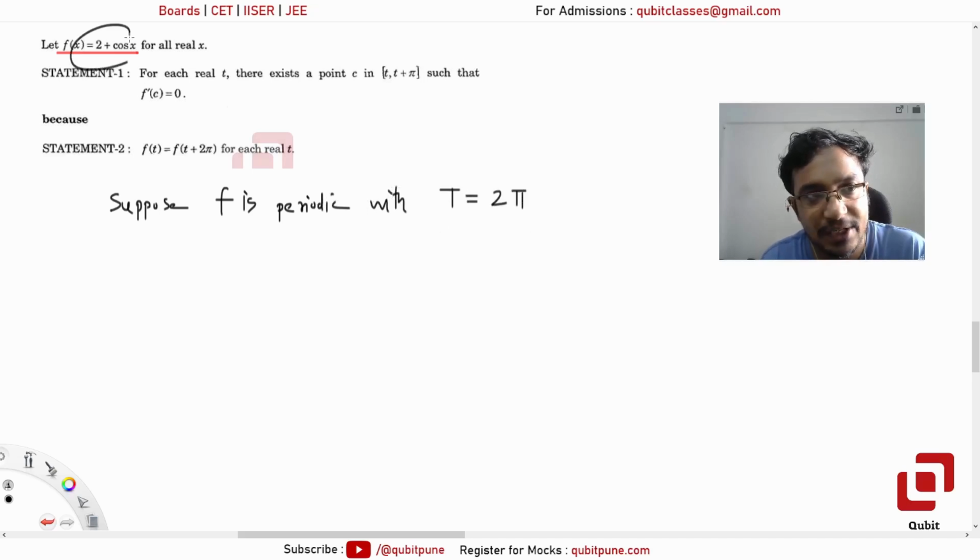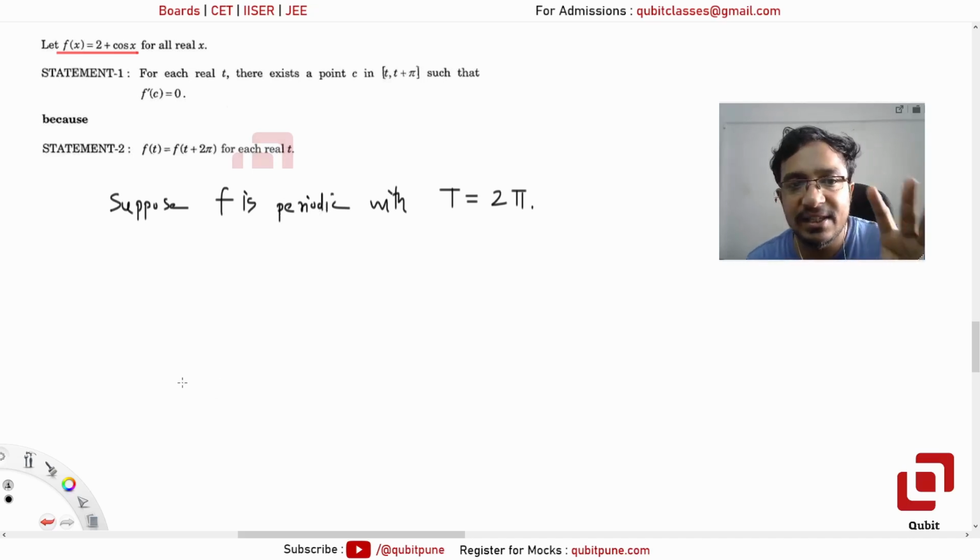Not specifically talking about this function, but considering in general any function. Suppose f is periodic with period T equal to 2 pi. Does it guarantee that f dash of c is 0? It doesn't. Periodicity can never tell us anything regarding continuity and differentiability.